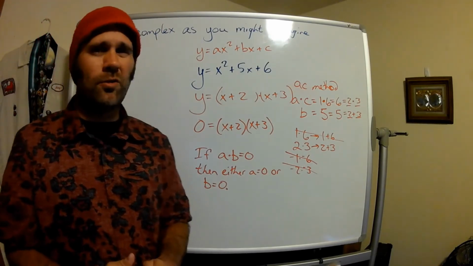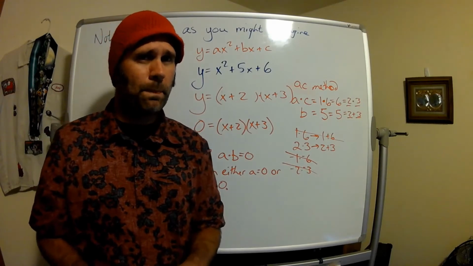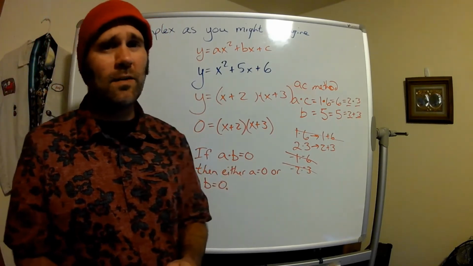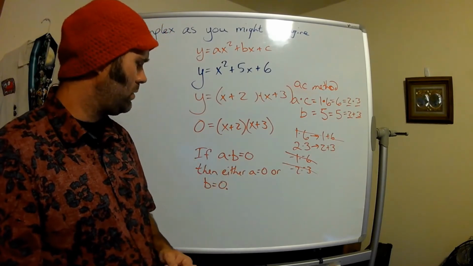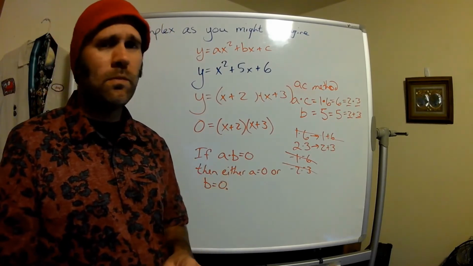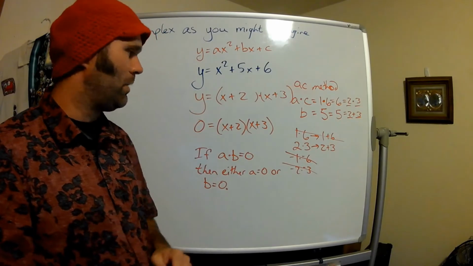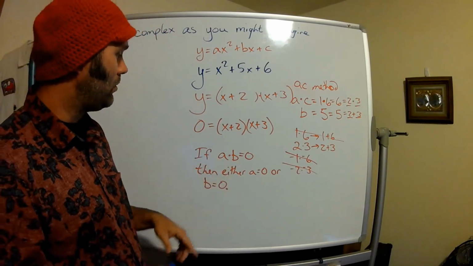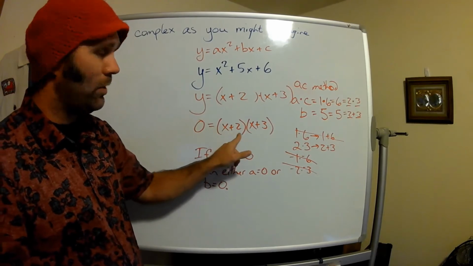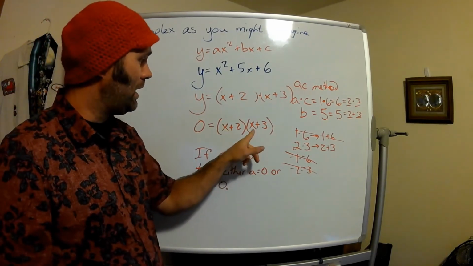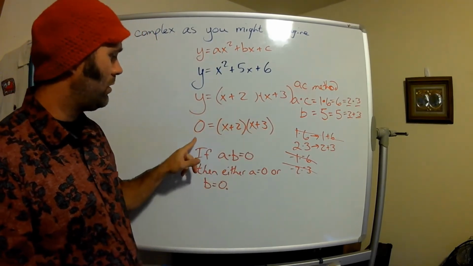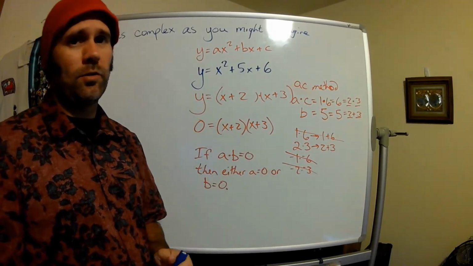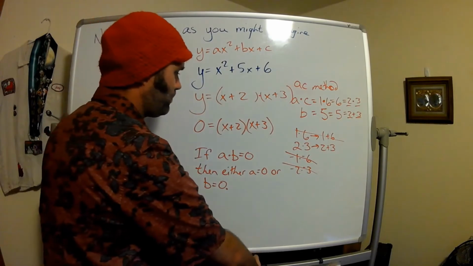So this is the zero product property. It states that if you've got two numbers being multiplied together and they equal 0, then either the first term is 0 or the second term must be 0. So in this case, a times b equals 0, we've got a, x plus 2, times b, x plus 3, equals 0. So either x plus 2 equals 0 or x plus 3 equals 0. That must be true.